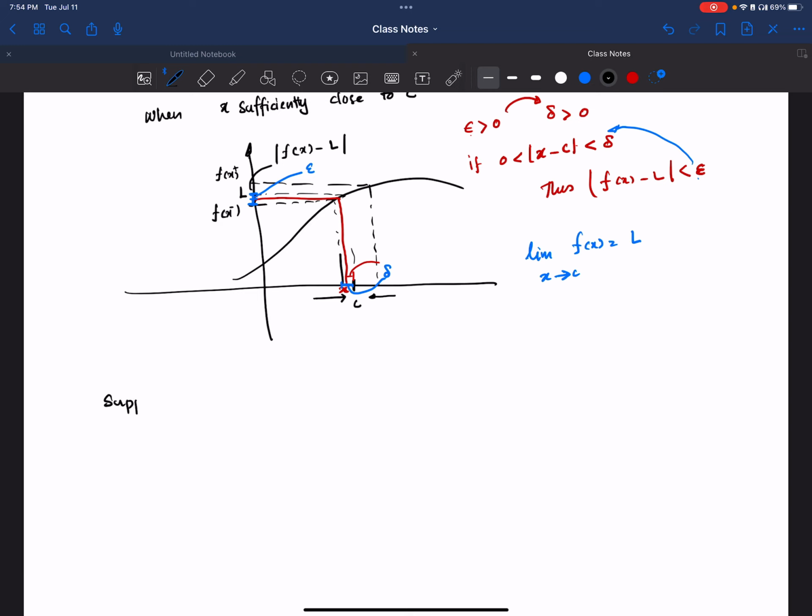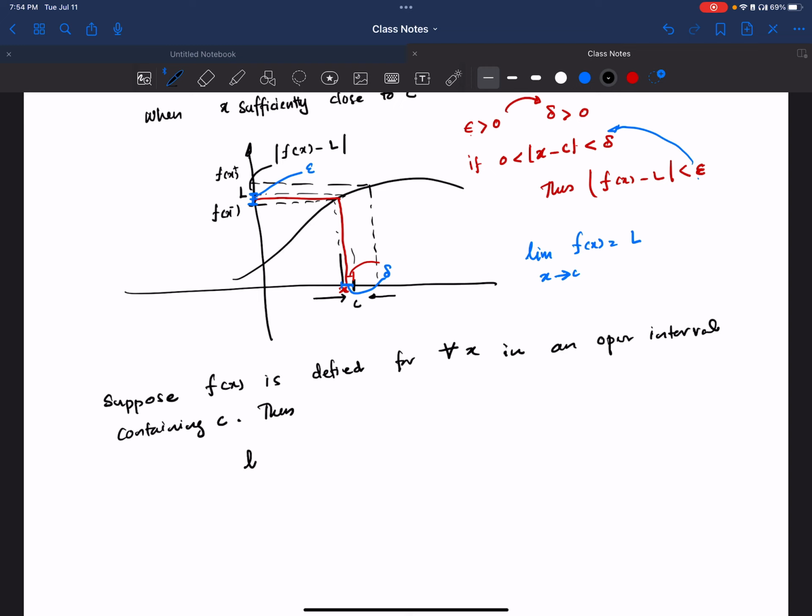Suppose f of x is defined for all x in an open interval containing c, but not necessarily equal to c.